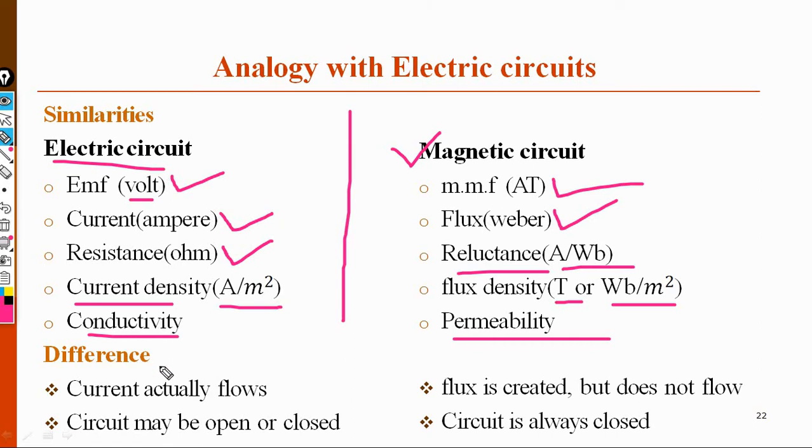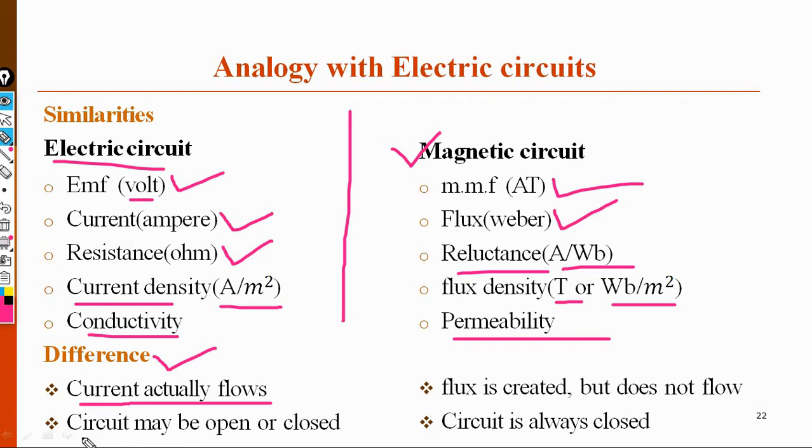Then the difference between electric circuit and magnetic circuit is very important. The difference is, in electric circuit current flows, but in magnetic circuit flux is created but does not flow.